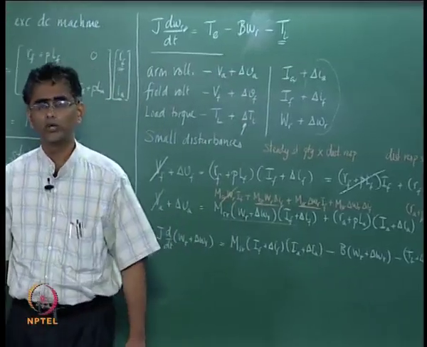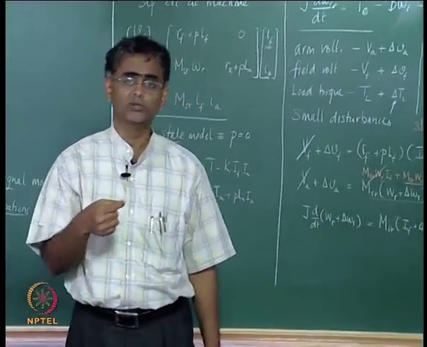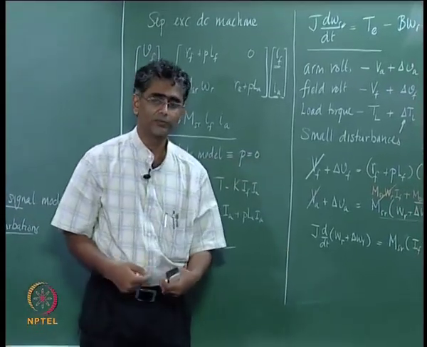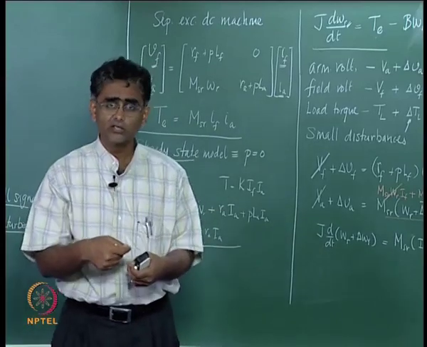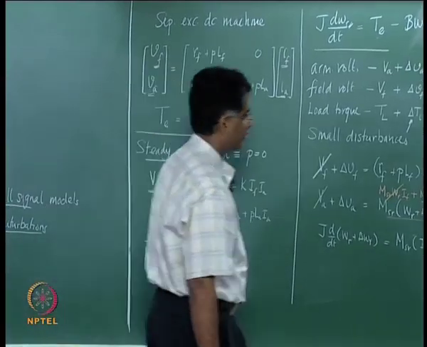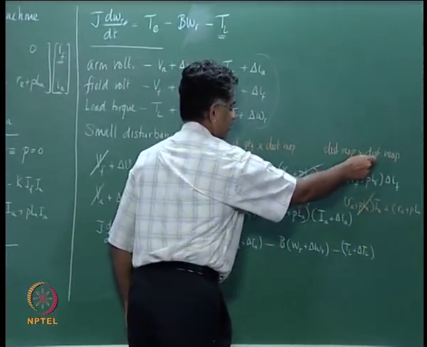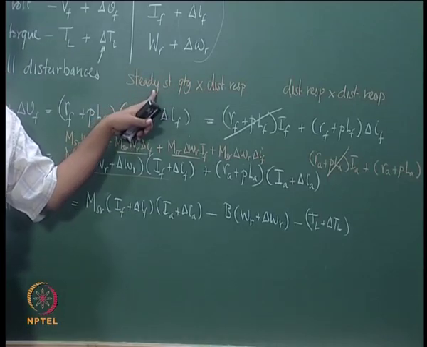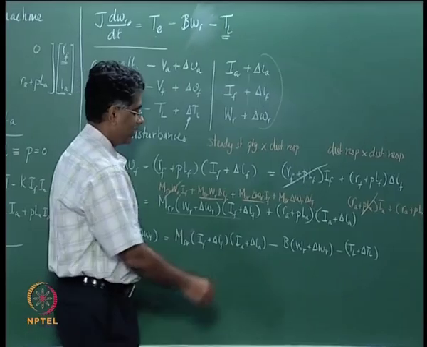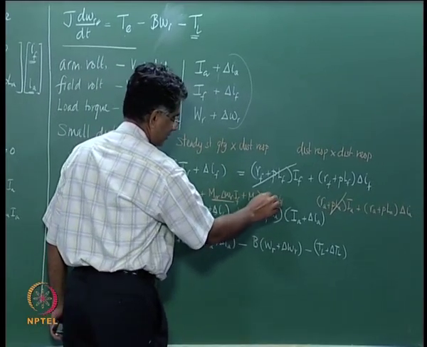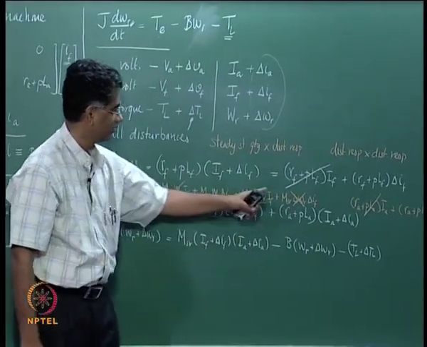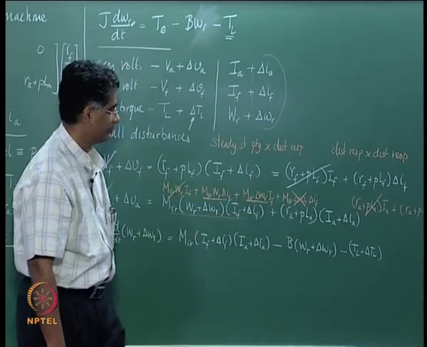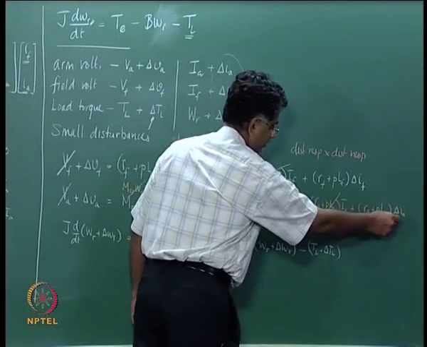We have said that we are basically looking at small disturbances, and therefore you expect that the response to those disturbances is also small. So you have a small number multiplied by a small number here, whereas here you may have a small number multiplied by perhaps a large number, and therefore we neglect these kind of terms in comparison to these kind of terms, and here again there is only one small disturbance.